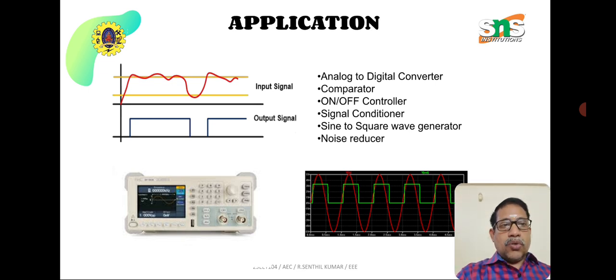The red is the sinusoidal signal, whereas the pulse in green is the digital signal. The applications include analog to digital conversion, a comparator, an on-off controller, a signal conditioner, a sine to square wave generator, noise reducers, and so on. There are various applications here.